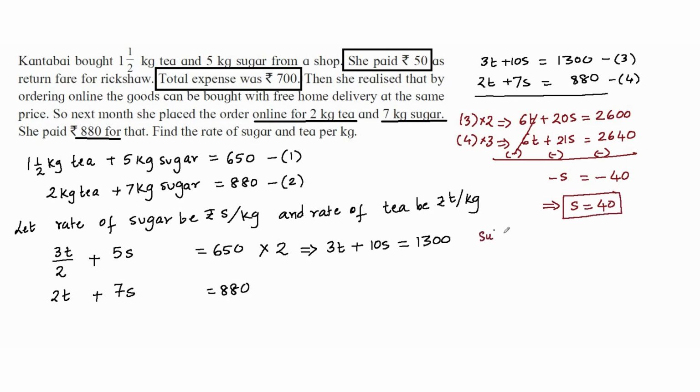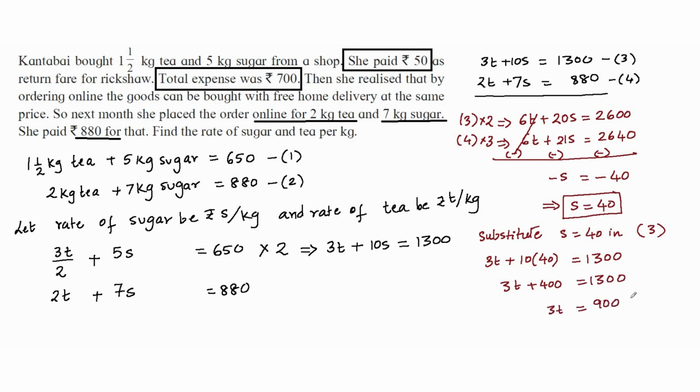Now let us substitute S as 40 in, say, equation 3. So 3T plus 10 times 40 is equal to 1300, which means 3T plus 400 is equal to 1300, and that means 3T is equal to 900, which implies T is equal to 300.